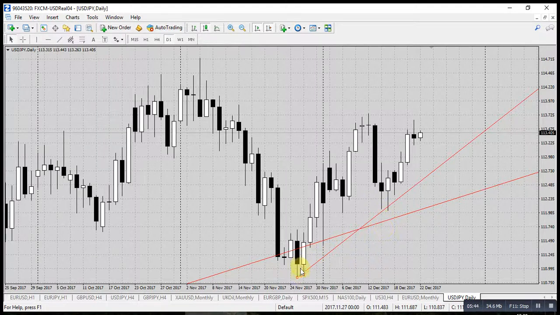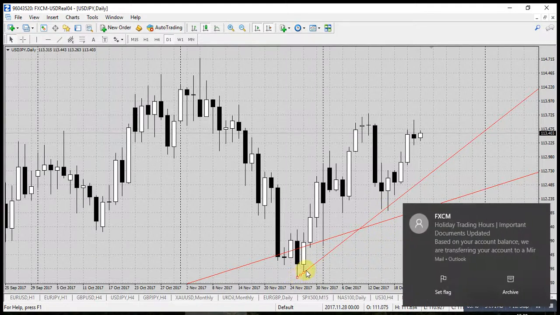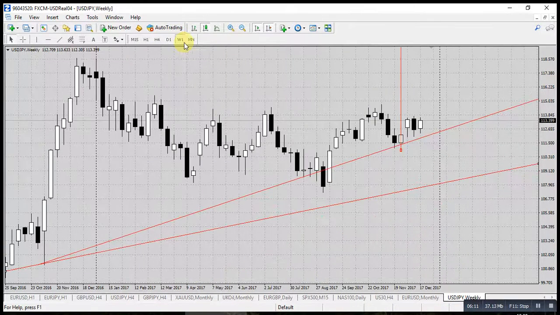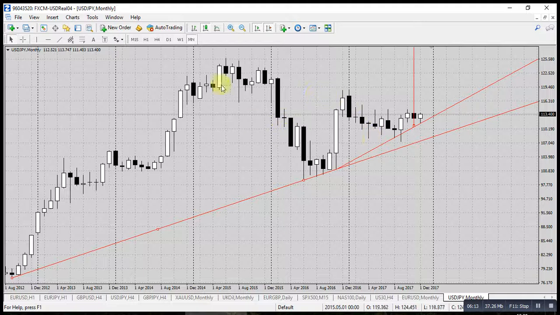Because it's just, let's say, two dots, and this is a third test. You see, the trend line has some feature in order to be confirmed. Most traders know just three touches. So let's have a look at this chart.